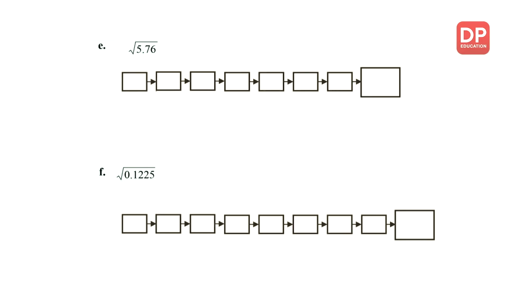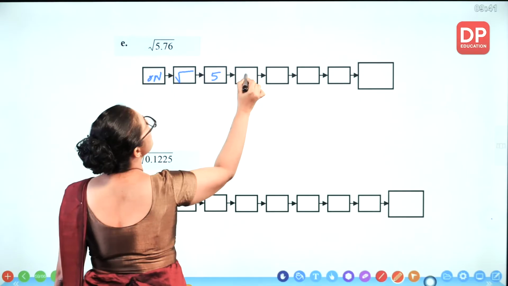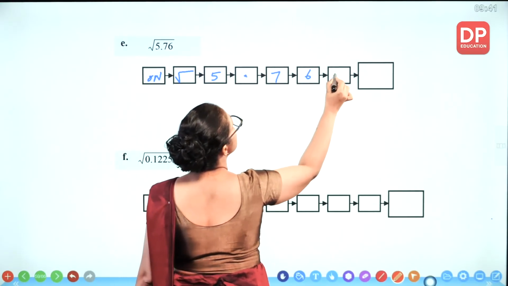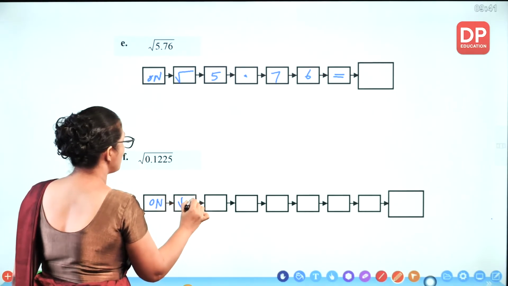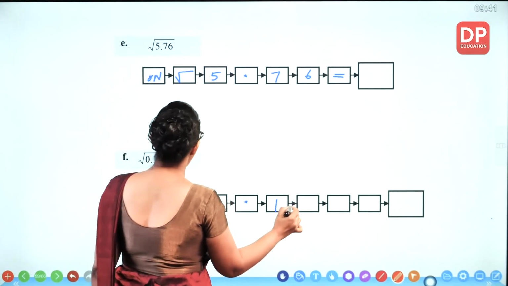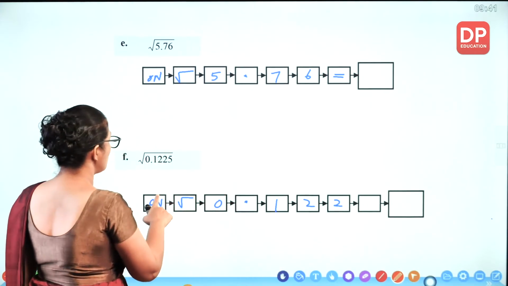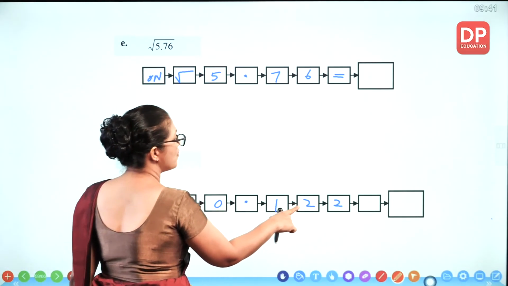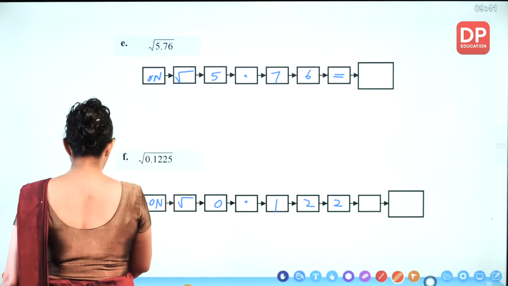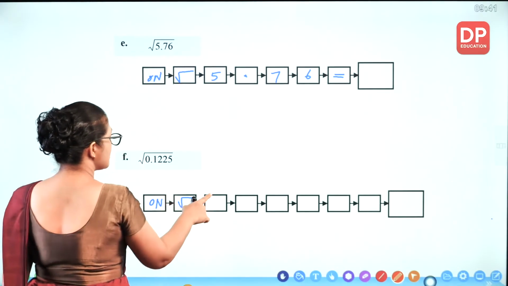Square root of 5.76. Square root of 5.76. This one, switch on, square root of 0.1225. Here you don't need the 0 sometimes.